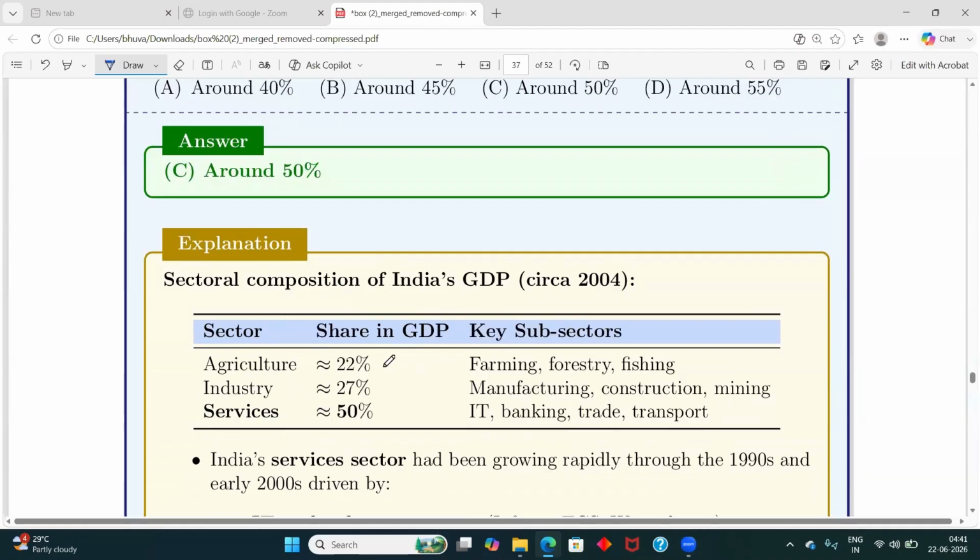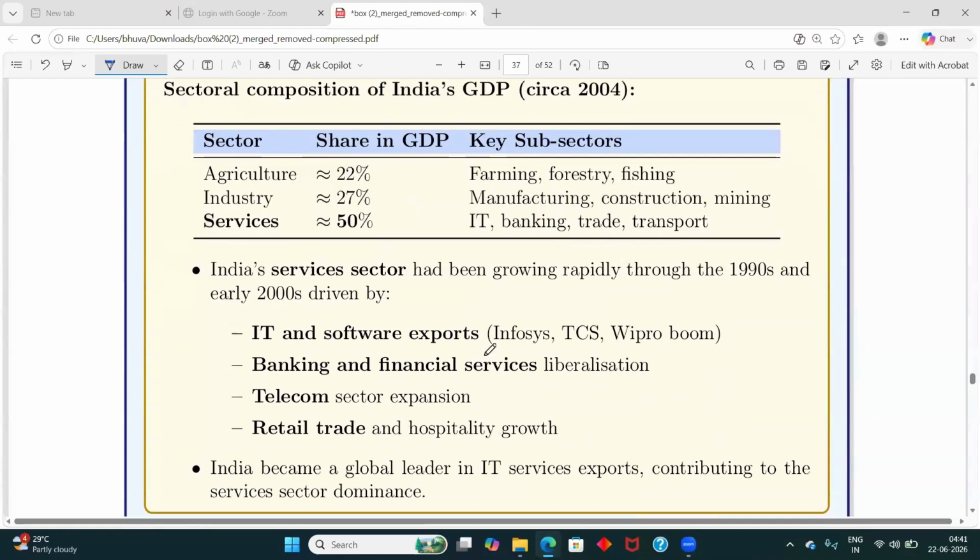Key subsectors in agriculture: farming, forestry, fishing. In industry: manufacturing, construction and mining. Service sector: IT, banking, trade and transport services. In India, service sector has been growing rapidly through the 1990s and early 2000, driven by IT and software export, Infosys, TCS, Wipro boom, banking and financial service liberalization, telecom sector expansion, retail trade and hospitality growth.